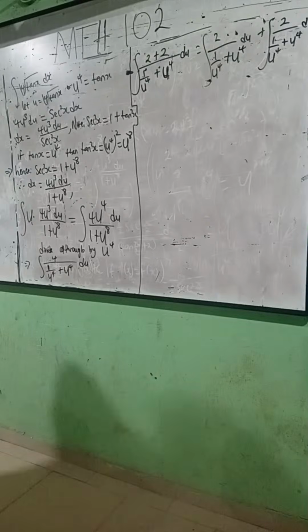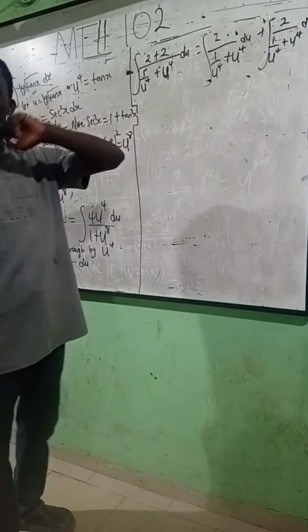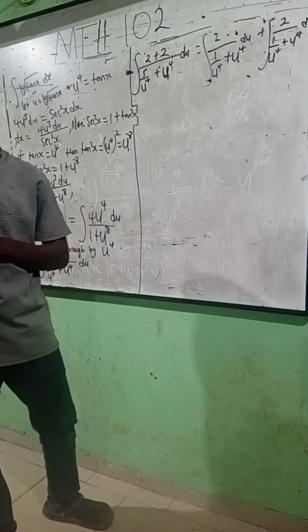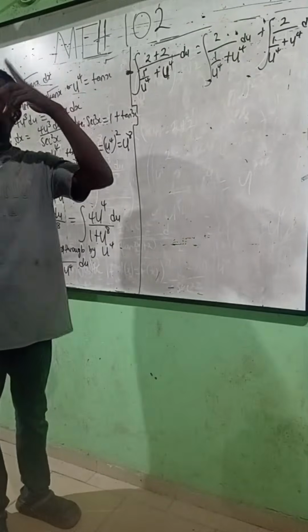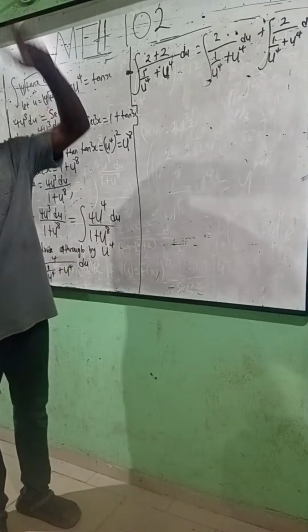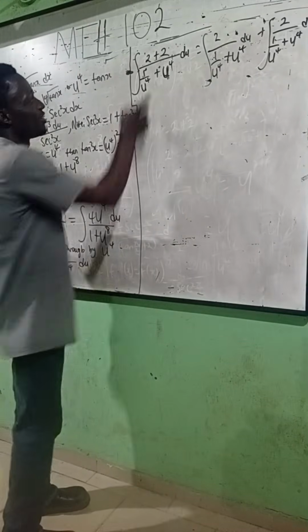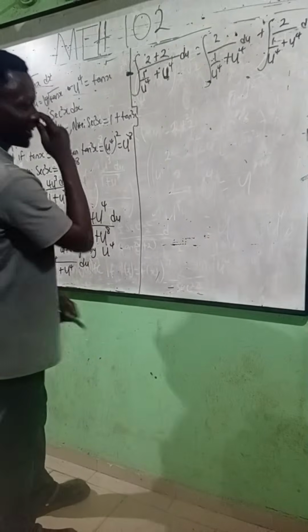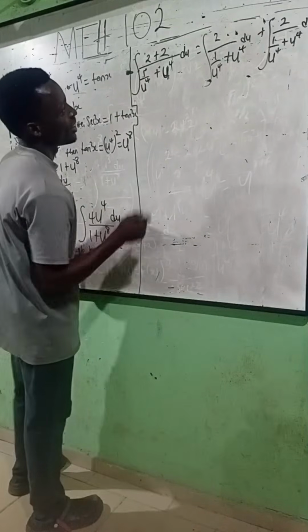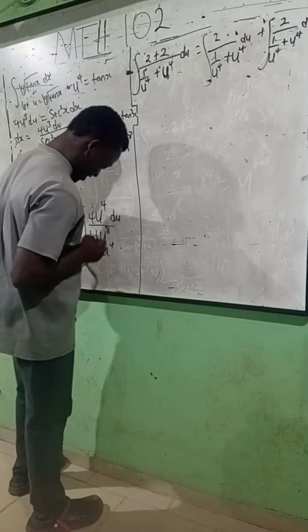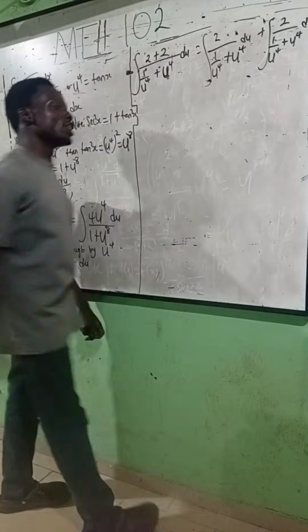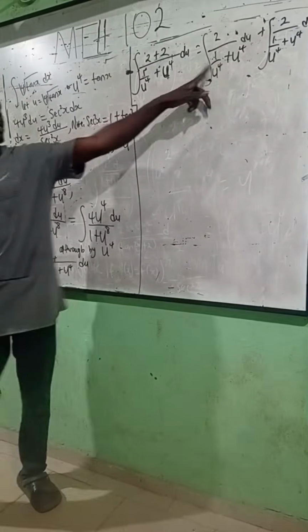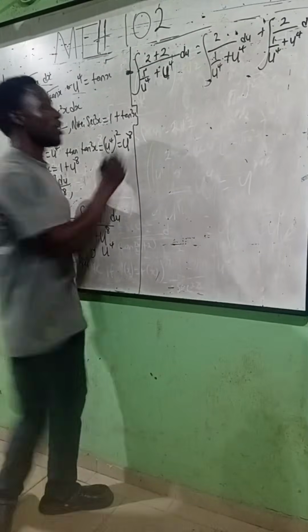Are we good? Now I want to write 2 as 2 plus 2. So I now split it. If you have a plus b over whatever, it can be a over whatever plus b over whatever. You get it? Can we proceed? Now you see this denominator, 1 over u raised power 4 plus u raised power 4.